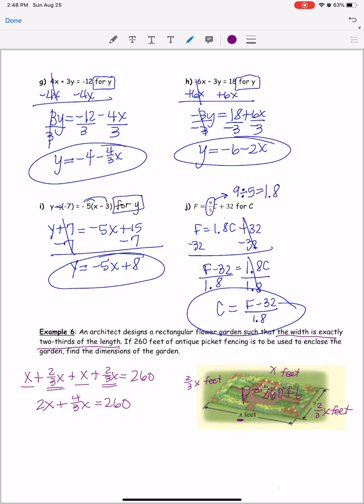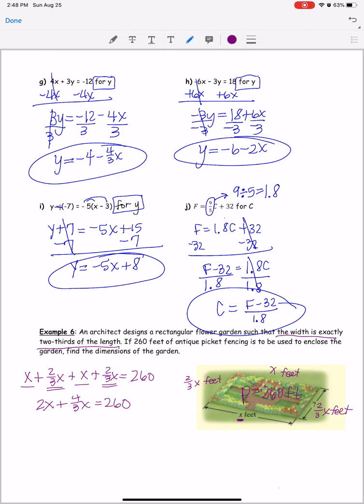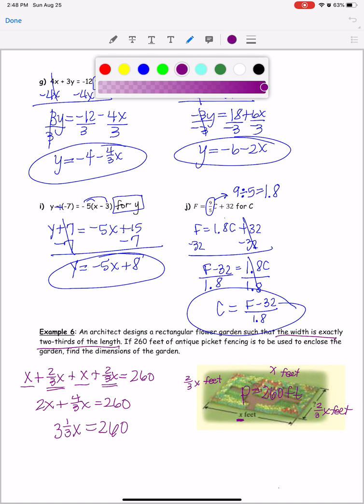So use your calculator for this. And if you don't know how to put this in your calculator, you can come and see me before class, after class, during class. But you need to know how to put this into your calculator so we don't have to do this by hand. But 2X plus 4/3 X is going to be 3 and 1/3 X, so equals 260. So again, I'm kind of skipping a step here.